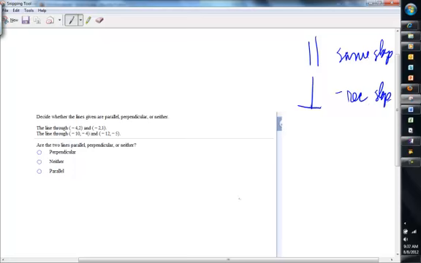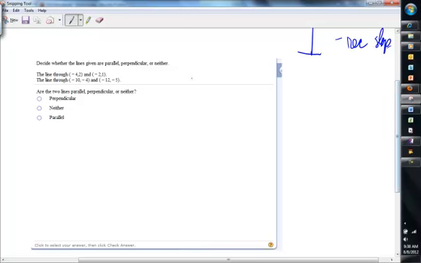So let's look at this problem right here. We have to find the slope of the first points. So it'll be the change in y, 2 minus 1, over the change in x, negative 4 minus negative 2. 2 minus 1 is 1. Negative 4 plus 2 is negative 2.